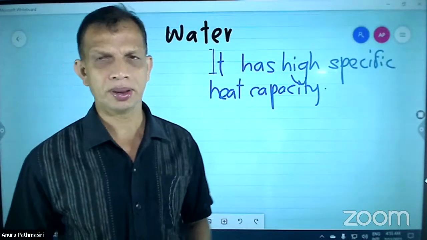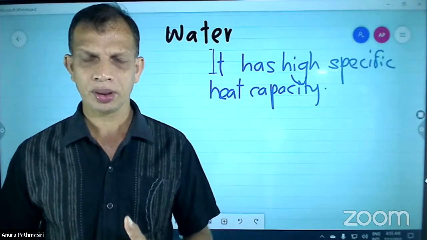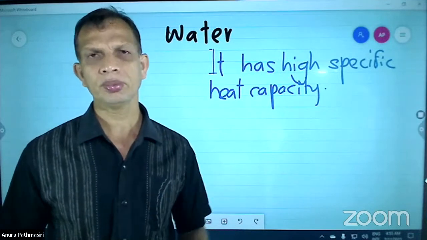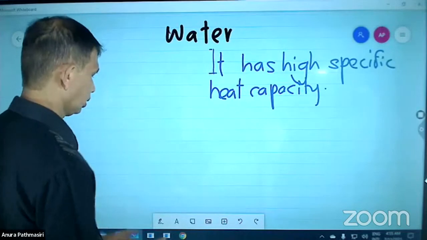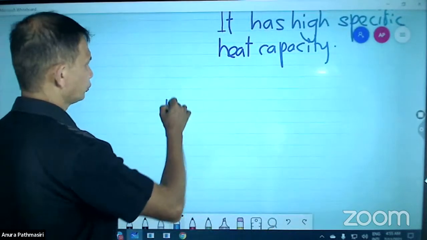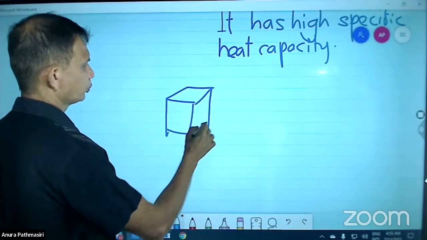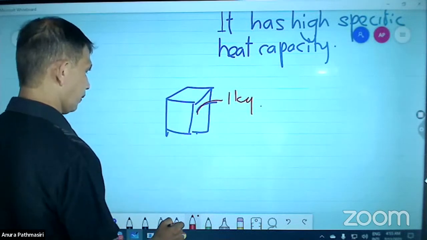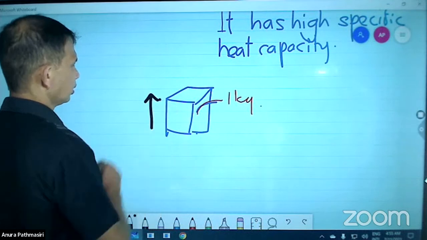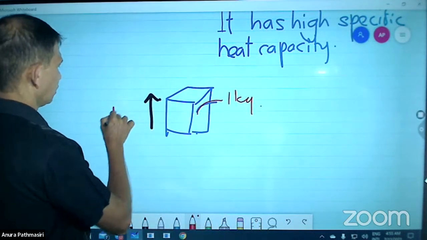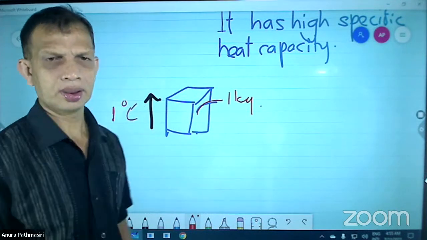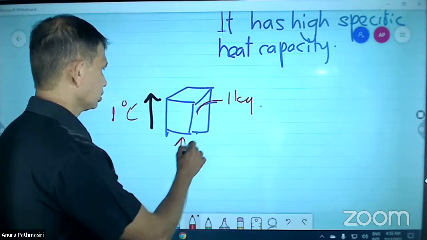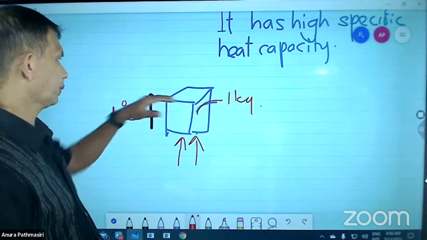Specific heat capacity means the amount of heat energy required to increase the temperature of 1 kilogram of a substance by 1 degree Celsius.